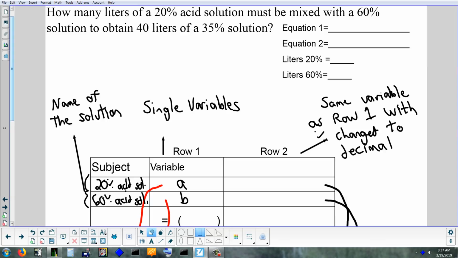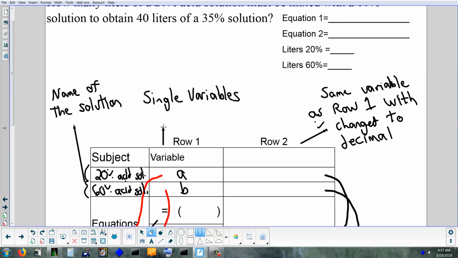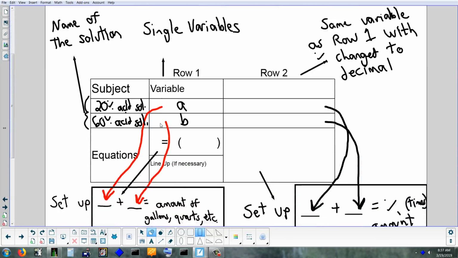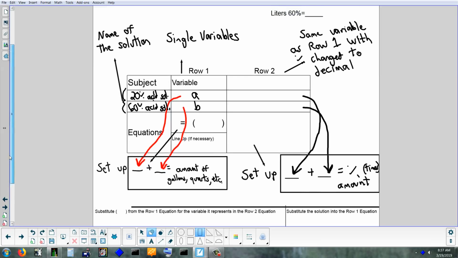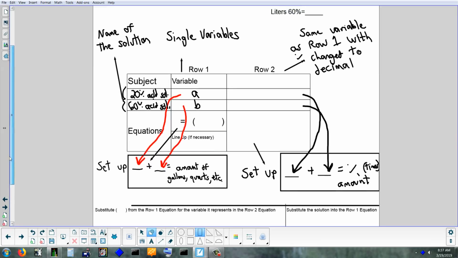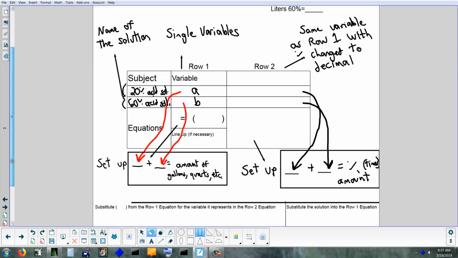Let's set up our row 1 equation. What am I going to do with those two letters? What operation is going to be between the two of them?